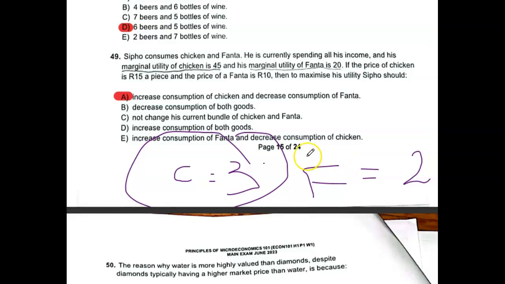I know it won't make sense why you buy more of the higher number, but it's a fraction, marginal utility over price, so you don't need to look at it too hard. So buy more chicken and less Fanta. Technically it's the opposite because it's a ratio, so that is why we do that.